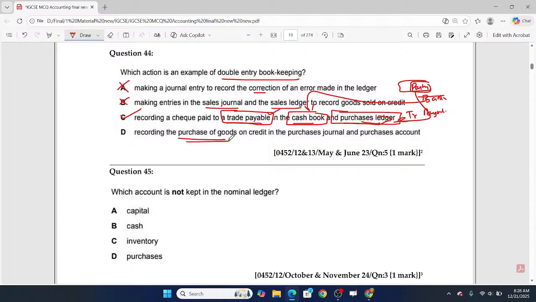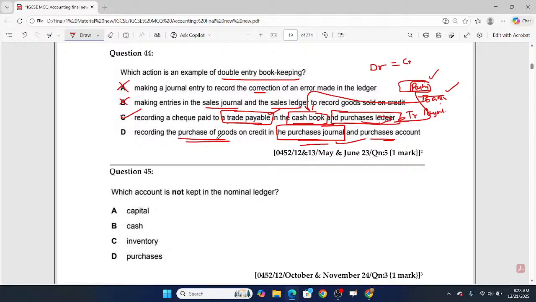Recording purchases of goods on credit in the purchases journal and purchases account? No. The purchases journal is a subsidiary book, and from there the purchases account will be transferred. This is not double entry bookkeeping; you need a debit equivalent to the credit. Here we have the debit and credit in parallel: the party account is the purchases ledger and bank is the cash book.